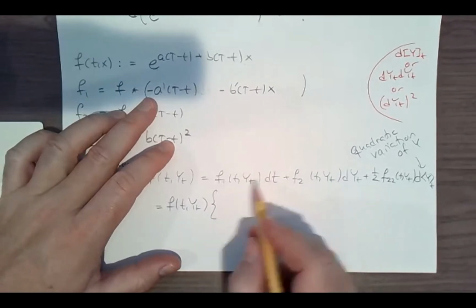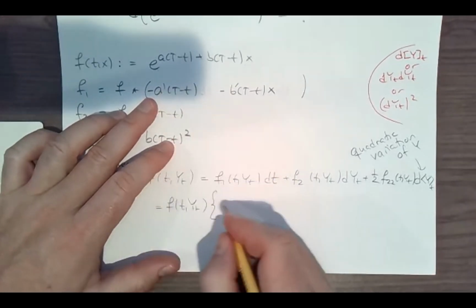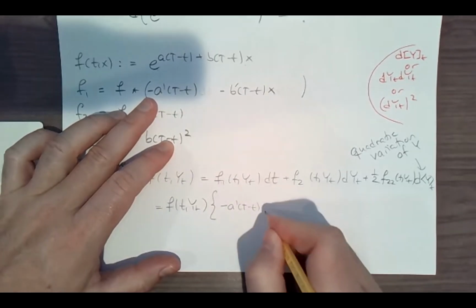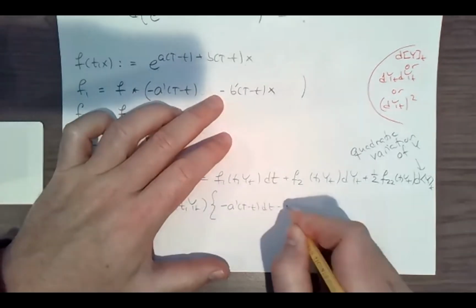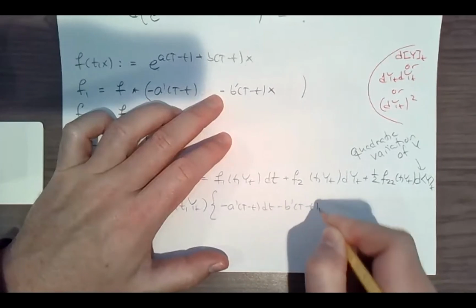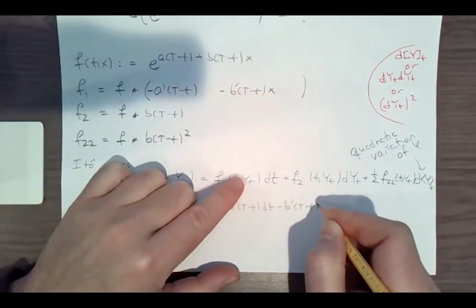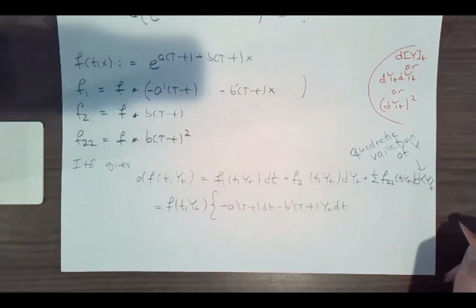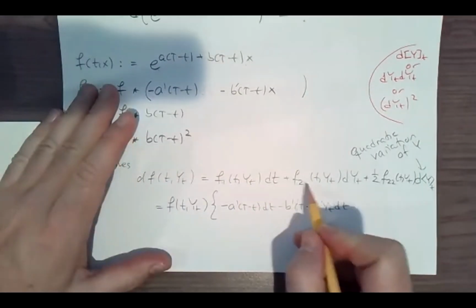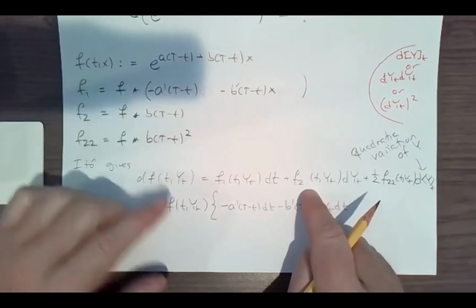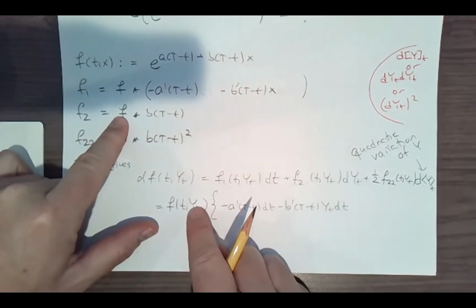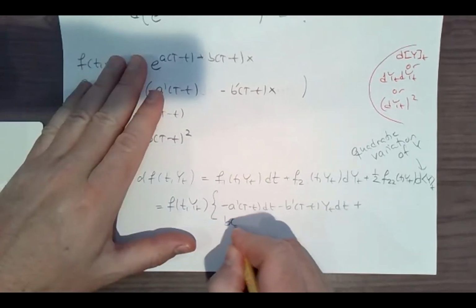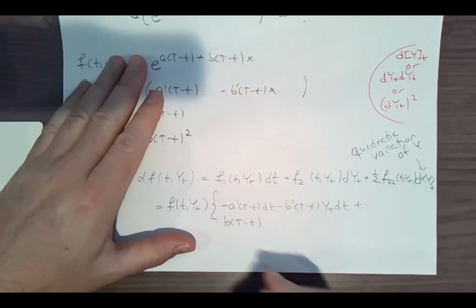The first one is f1, the one that comes with b'(T minus t), dt minus b'(T minus t), and then x is replaced by Yt. So that was that guy. And then you have f2. f2 again has an f in it, it goes outside, and then I have b(T minus t), and then dYt.